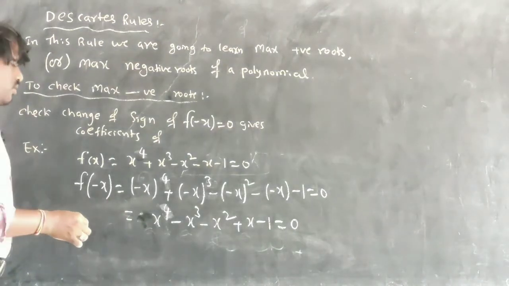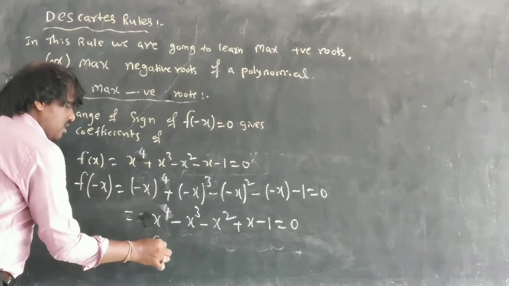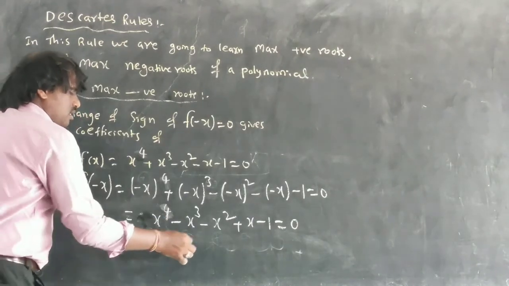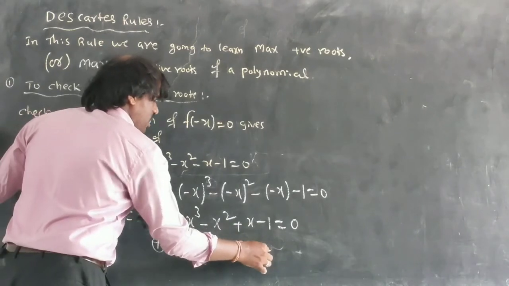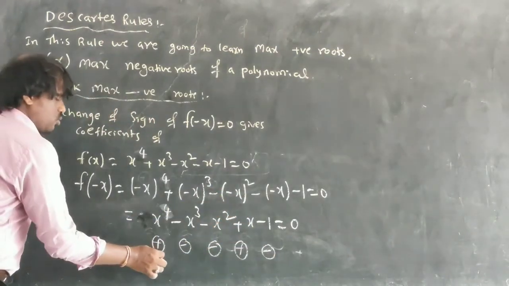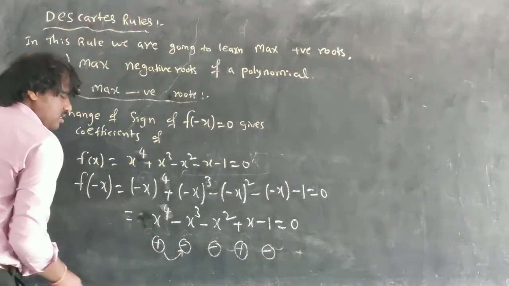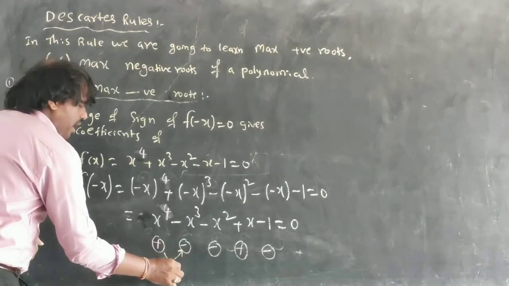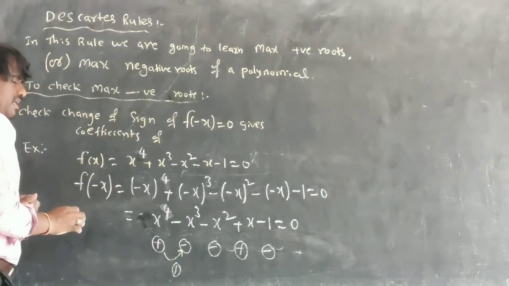Now I will check the signs. Now you got here plus, then minus, then minus, then plus, then minus. So now what I am going to check here, plus to minus, it is changed. So how many? One negative root, because I am checking for minus of x.